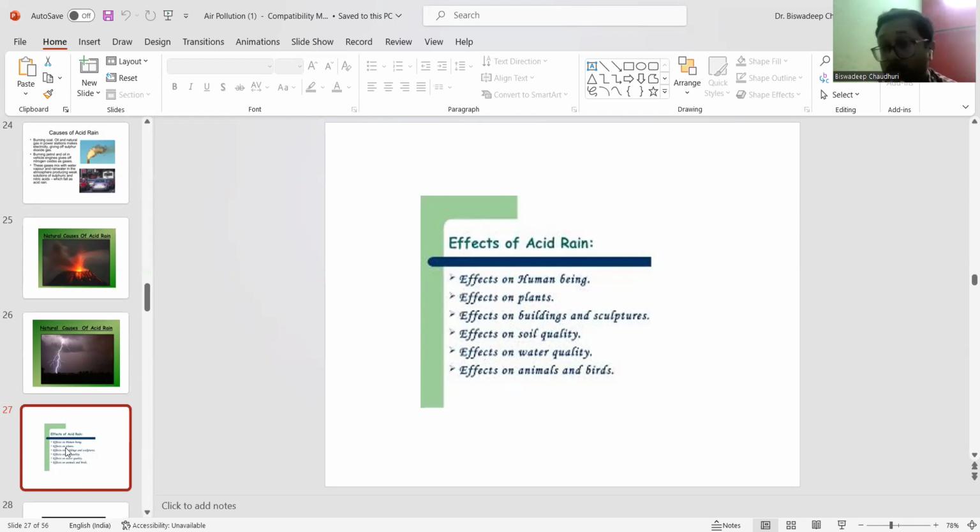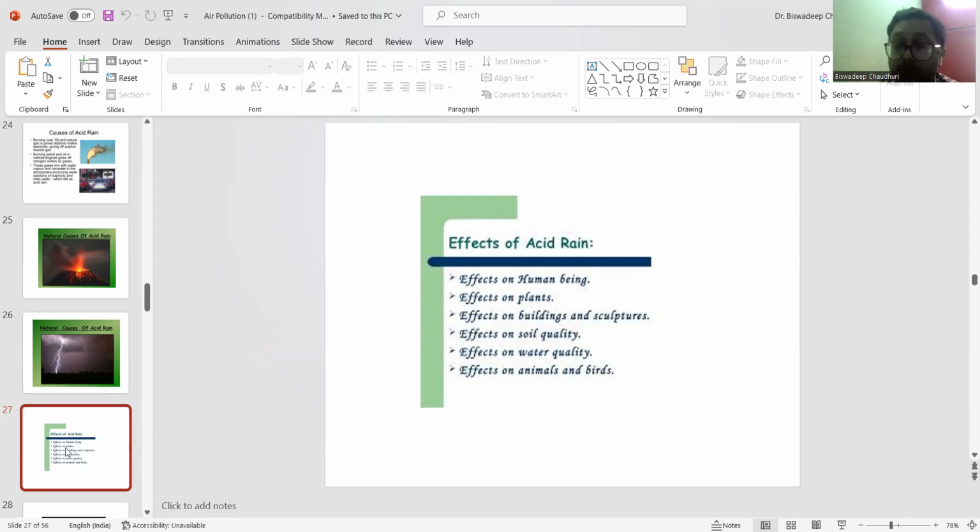Next, the effect on water quality. Suppose due to acid rain, pond water or river water becomes acidic, and we are using that water for domestic or other purposes. That means we are indirectly getting harmed by this kind of water quality. And effects on animals and birds: those who are drinking that water, taking a bath with that water, all of them are affected.